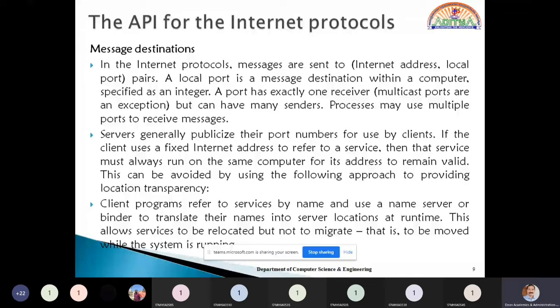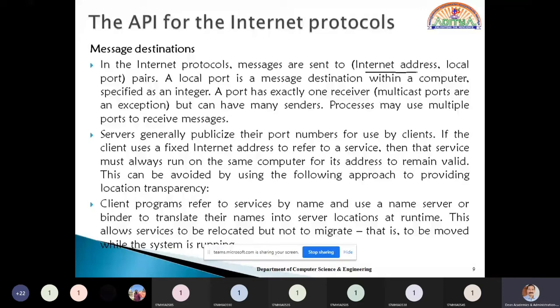When you are communicating in a distributed system, the set of processes executing on distributed systems may be far away from each other. Then we have to use the internet protocols for the messages that are going to be sent on this network, where we specify the internet address and the local port.